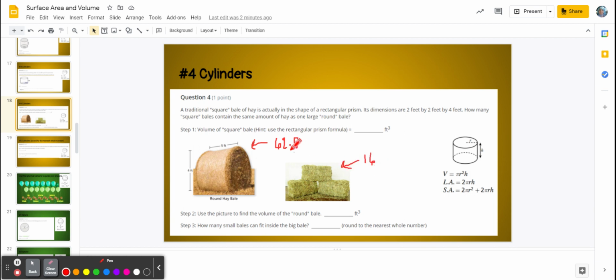So how many 16s are there in 62? Yep. Round to the nearest whole number. How many 16s are there in 62.8?